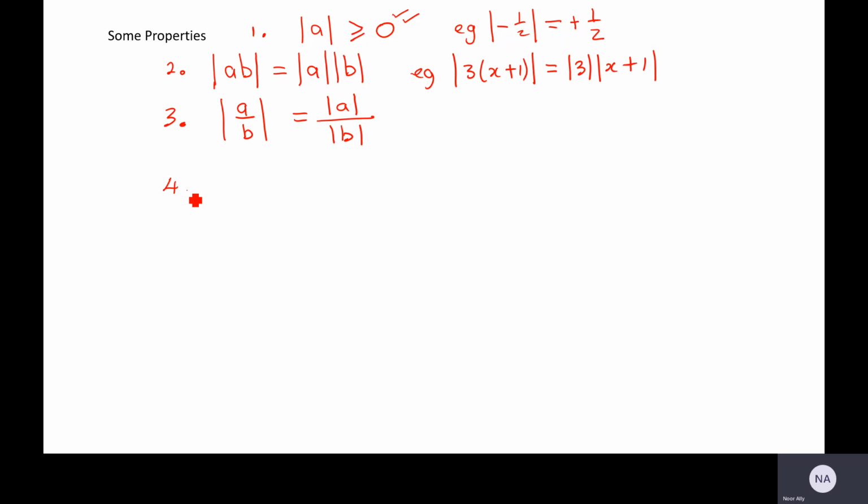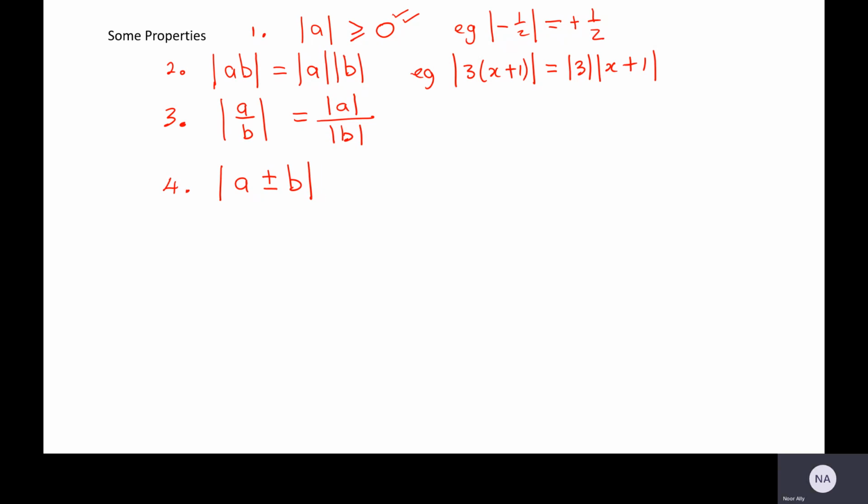Now, the fourth one is a property that is used extensively, especially in physics, postgraduates and so on, where they look at quantities that are either added or subtracted.